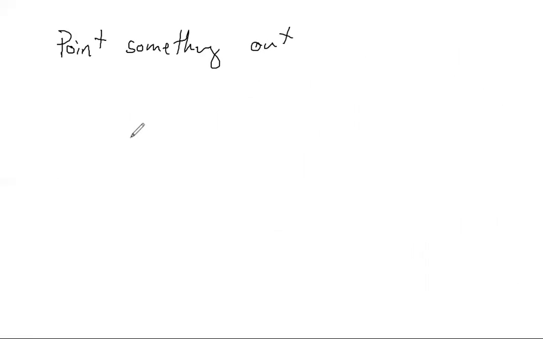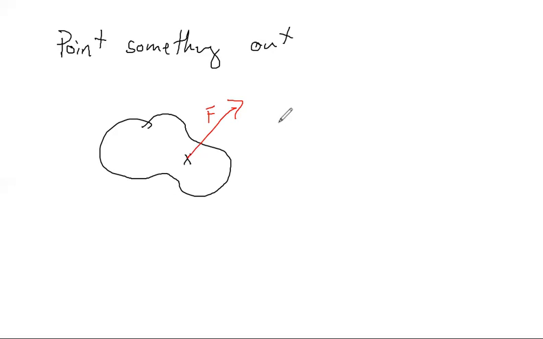If you have some object and you have some pivot point, and there's a force applied right at that pivot point, at the axis of rotation, then the lever arm or the moment arm is 0, in which case the torque, which is R cross F, is 0.